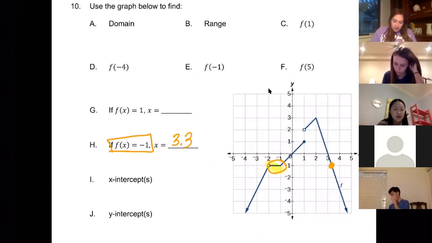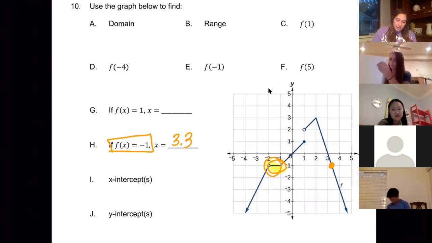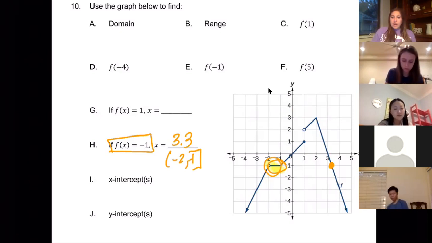And then for this range of values, you can write it as an inequality, or now that we know interval notation, sometimes it's easier to write it like that. So if I said -2 to -1, you could write it like that.